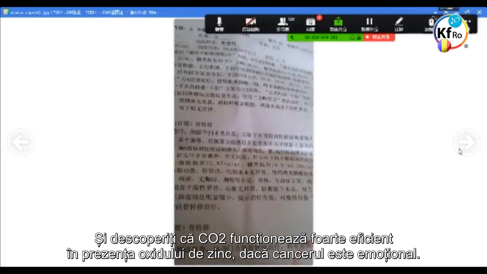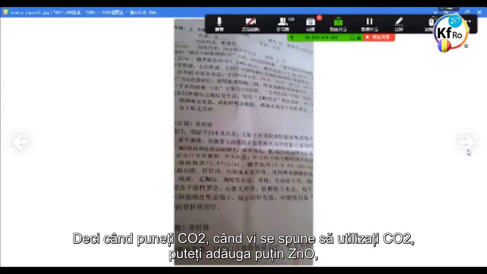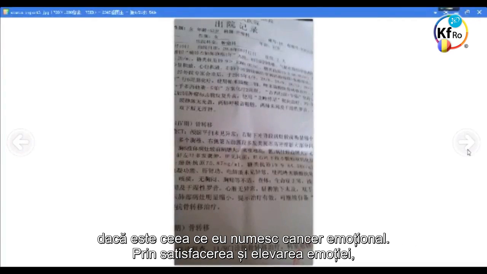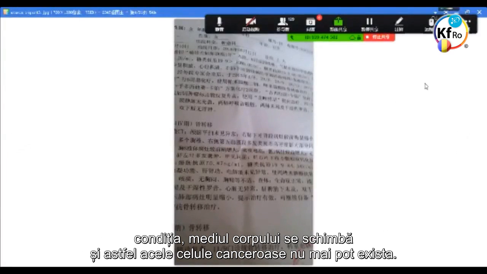And you find out CO2 works very effectively with the presence of zinc oxide if the cancer is emotional. It does the same. You satisfy the emotion, you change the environment. We've seen that before. So when you use CO2, you can add a little bit of zinc on it if it is what I call emotional cancer. In satisfying and elevating the emotion, the condition, the environment of the body changes, and that cancer cell cannot exist.